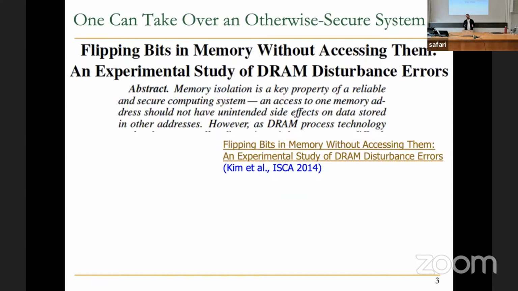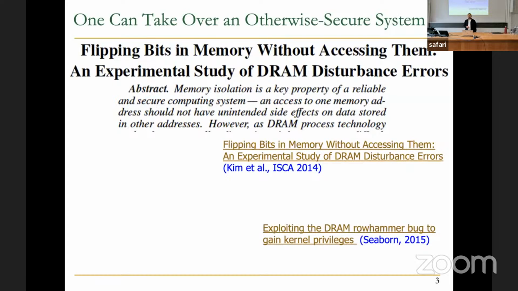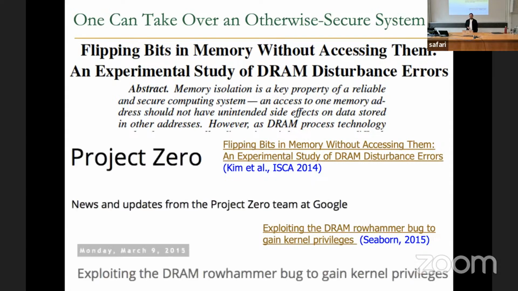The RowHammer story pretty much starts with this particular paper from ISCA 2014, from SAFARI: Flipping Bits in Memory Without Accessing Them. We will talk about this paper in detail later in this lecture. But I'll first talk about the immediate impact this paper had in the field, which is a paper from Google folks that exploits the inherent RowHammer vulnerability that DRAM chips have to gain kernel privileges in Linux systems.